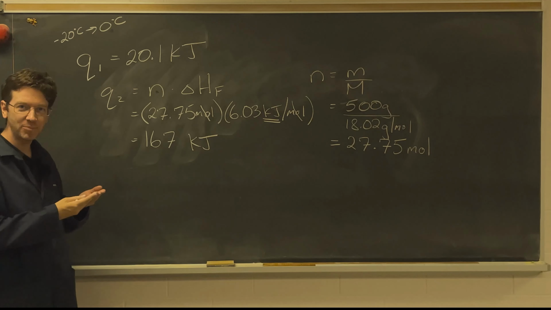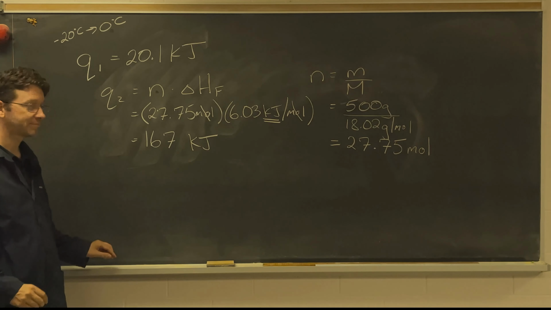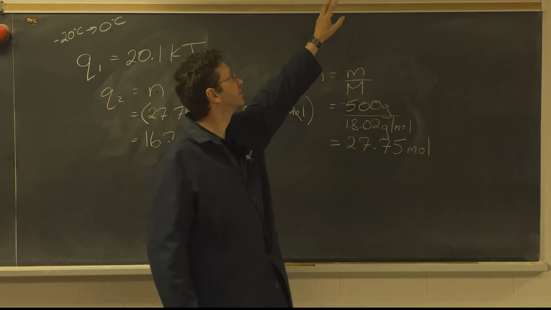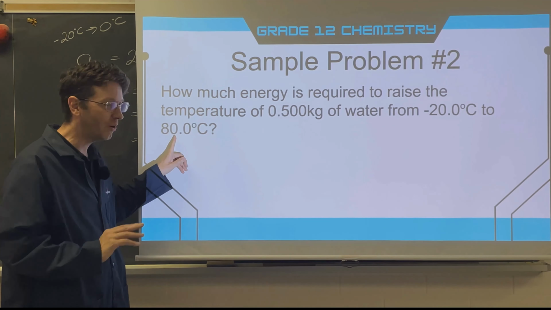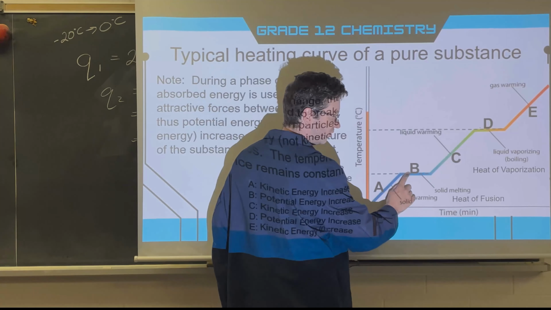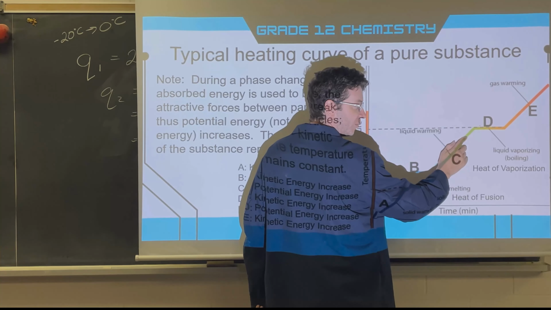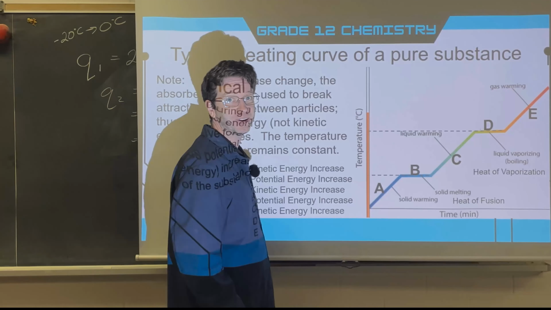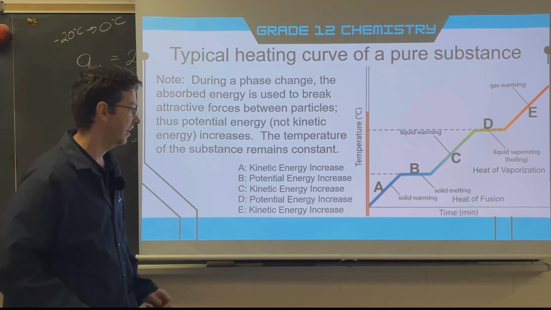Now we need to raise its temperature from 0 as liquid water up until 80 degrees. So our question was to go up to 80 degrees. We've got it up to 0 and we've melted it. So we're over here now. Now we need to increase its temperature up to 80. And for that, we're going to use our Q equals mcΔT again.